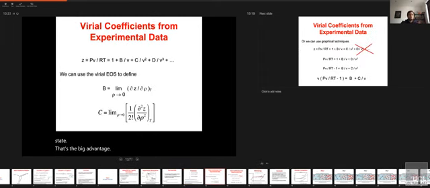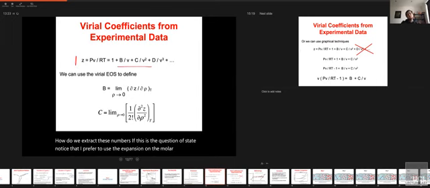How do we extract these numbers? Well, if this is the equation of state, notice that I prefer to use the expansion in the molar density. And the reason is that for the same number of parameters, this version of the equation allows you to get a little better reproducibility of experiments compared to the one explicit in the pressure.